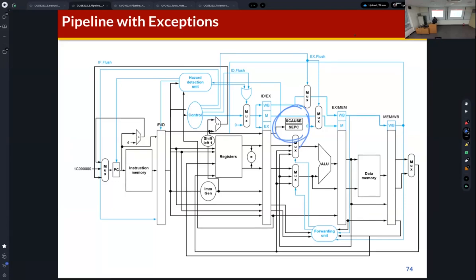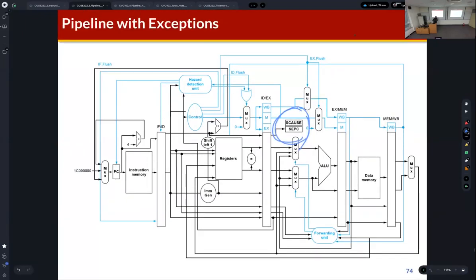Actually, exceptions can be detected in many other stages, like instruction fetch, instruction decoding, or memory, and so on. But in this example, I just assume that the exceptions are detected only in the EX stage.